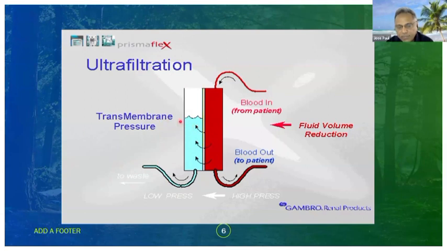This movement of water under the influence of a transmembrane pressure is known as ultrafiltration. This is why water moves from the blood compartment into the dialysate compartment, because there is a pressure gradient across the dialysis membrane.